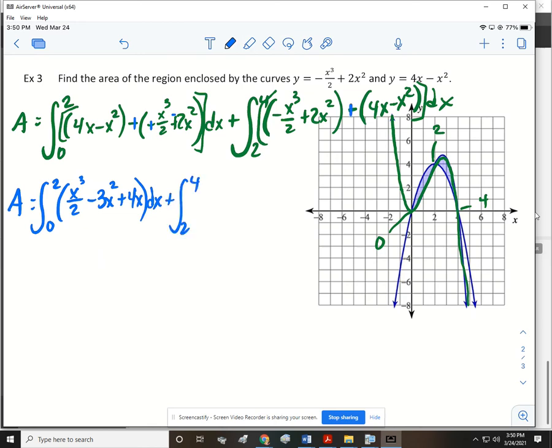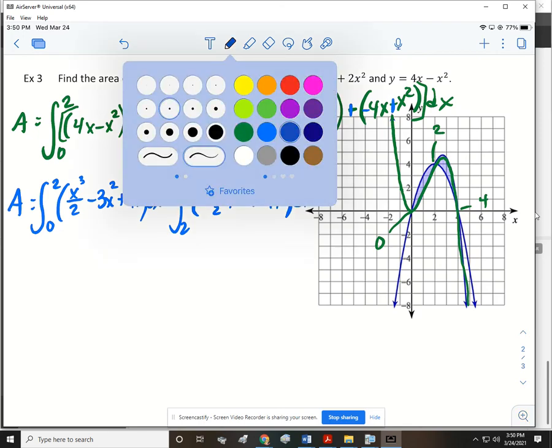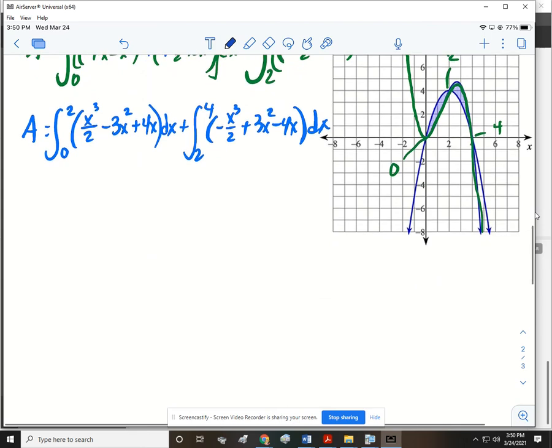Same thing here, distribute that negative, and then combine like terms. All right, and then I'm just going to go ahead and integrate.